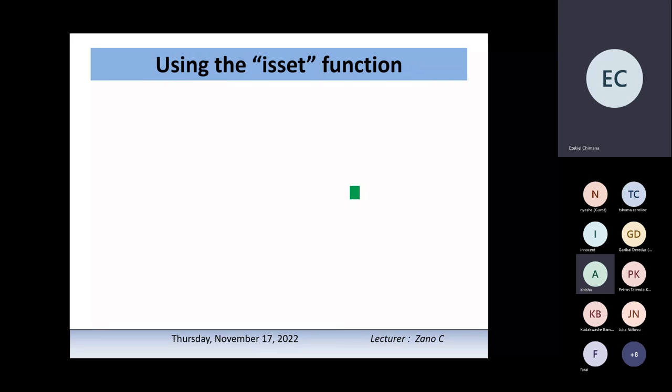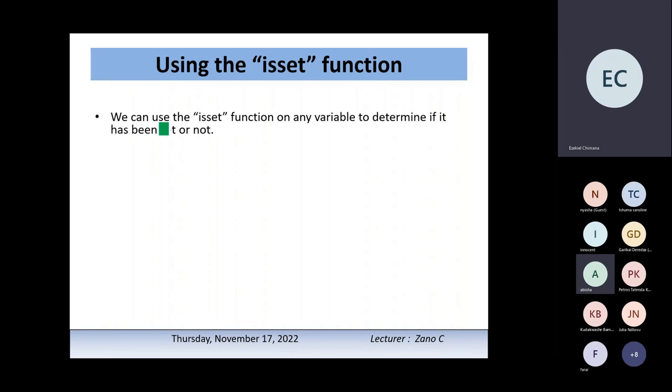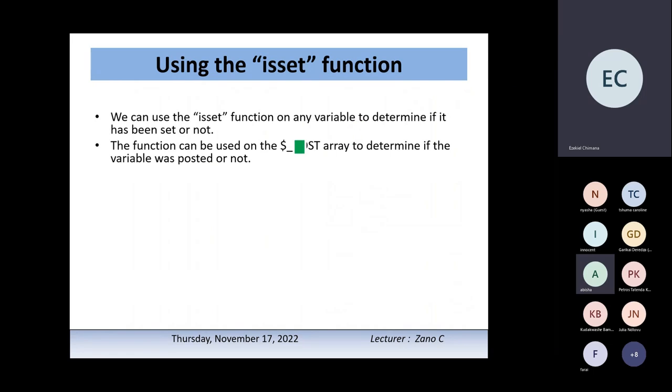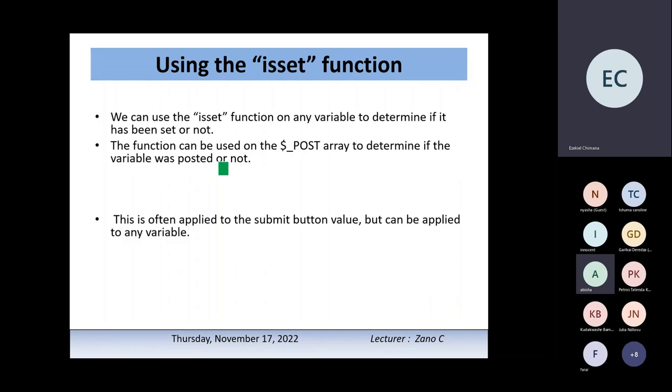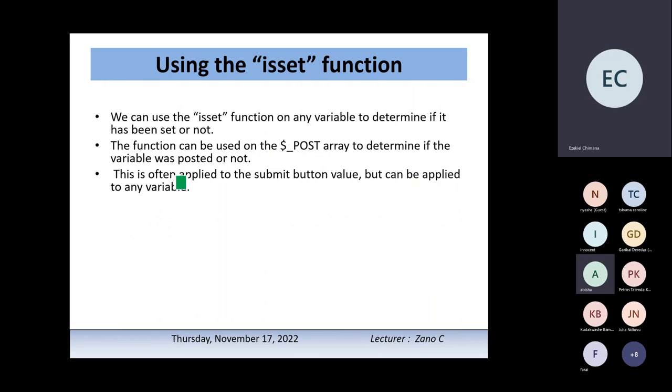So you need to make sure that a user actually clicked submit. We can use the isset function on any variable to determine if it has been set or not. The function can be used on the $_POST array to determine if the variable was posted or not. This is often applied to the submit button value, but can be applied to any other variable.